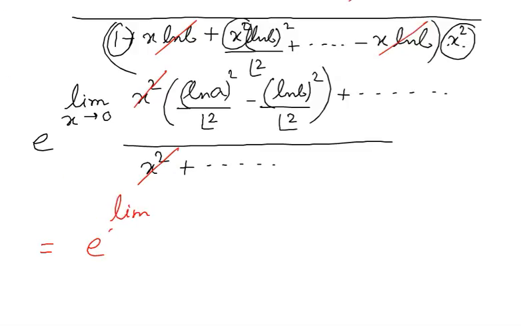So we have already got the limiting value, so it will become e to the power ln a square minus ln b square by 2. Factorial 2 is 2.